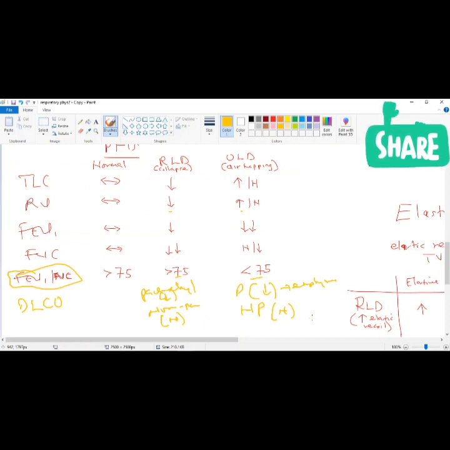The problem is usually in the airway. But in emphysema, it is the lung parenchyma that is damaged, so the diffusion barrier is affected and the DLCO will be low. But in others, chronic bronchitis and asthma, their DLCO is going to be normal because they're affecting the airways, not the diffusion barrier or the lung parenchyma itself.